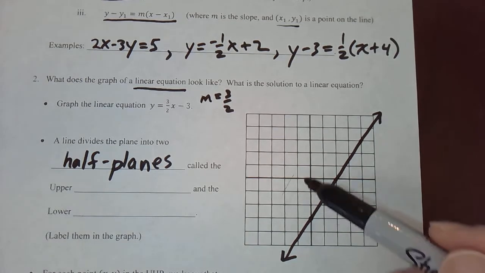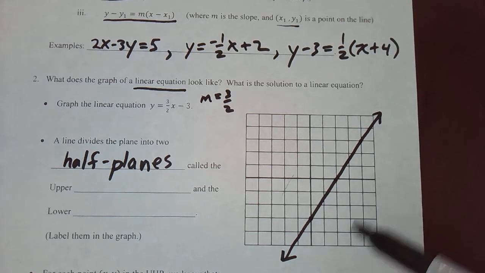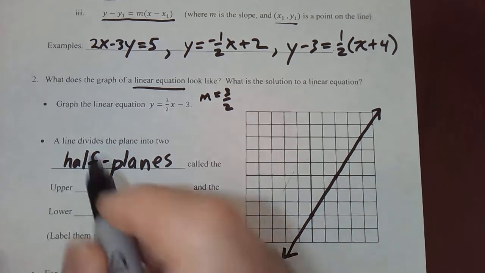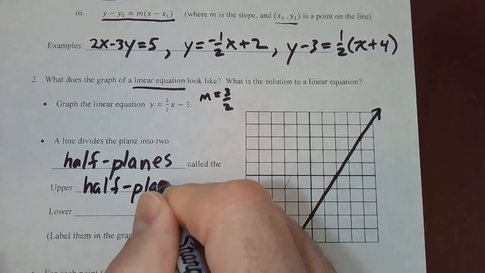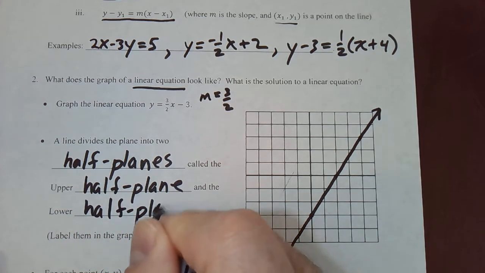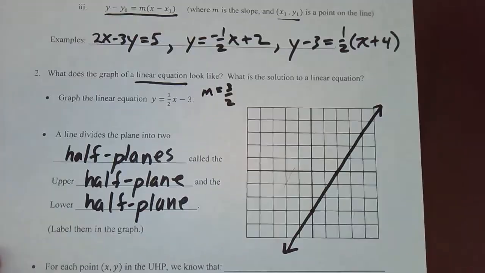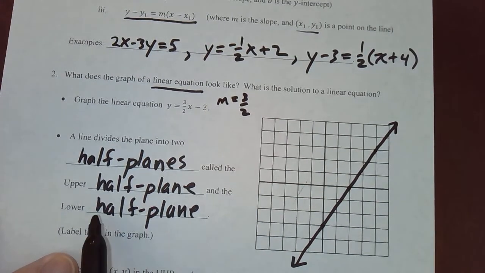And we call this one the upper half plane, and we call this one below the line the lower half plane. So I'll refer to the upper half plane as UHP and the lower half plane as LHP.